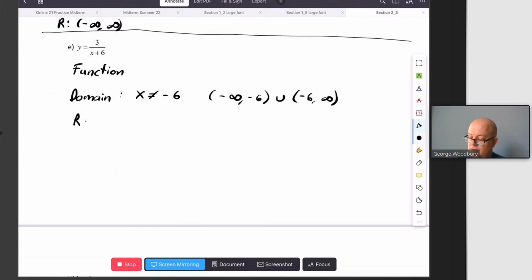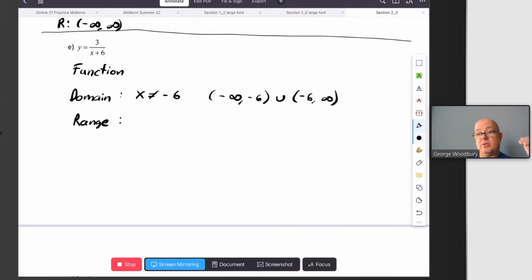As far as the range goes, it's a little early in the course to talk about how we can figure out the range, but we can reason this out. If x plus 6 is positive, then that fraction is going to be positive. And the smaller the denominator gets, the more positive the fraction gets.